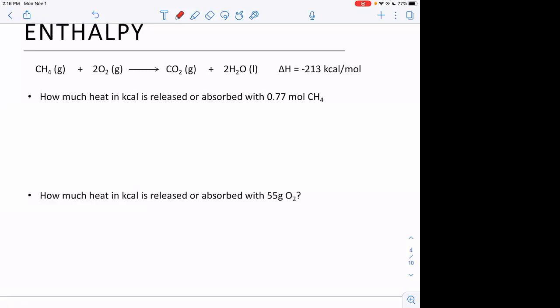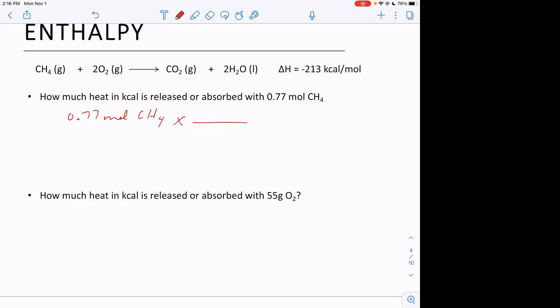Multiply what the delta H is. Okay, 0.77 moles of methane, CH4. Okay, why are you saying over 1 mole? Yes, but you have to take into account for CH4 what the coefficient is.